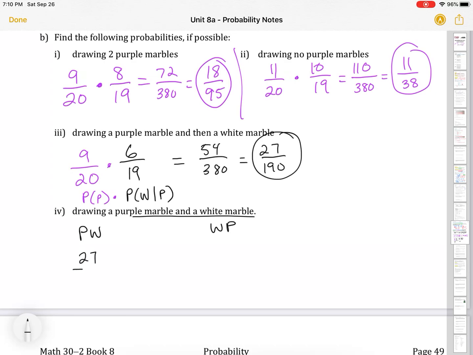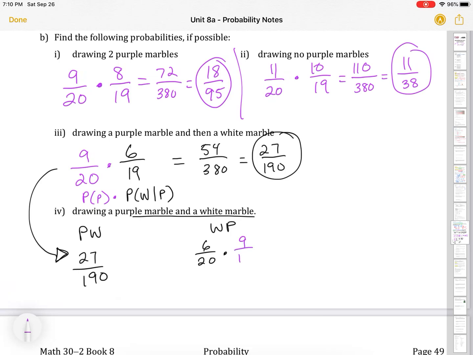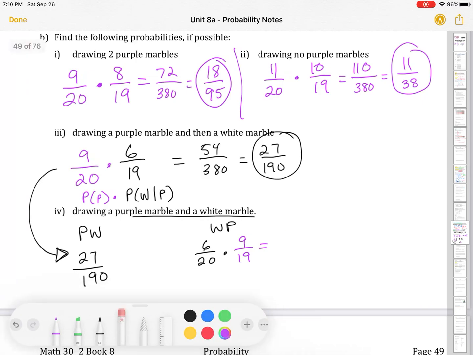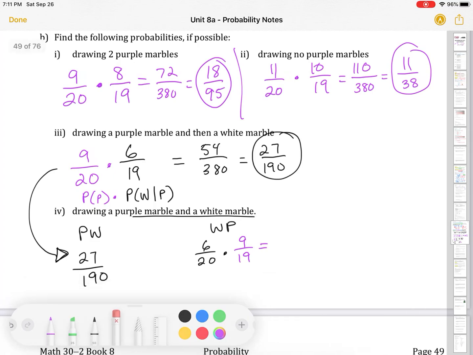Drawing a purple marble and a white marble. So in this case, order's not important. So we figure purple white and then white purple. So purple white we've just done. So we know that it is 27 over 190, right? That's this one here. And then for white purple, we would pull 6 out of 20 times 9 out of 19, because we have 9 purple, but now we only have 19.